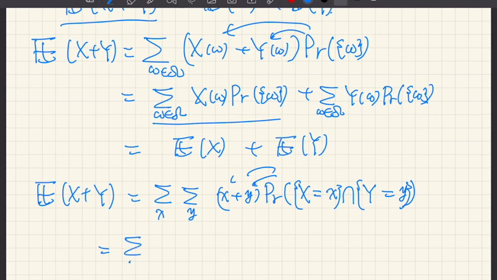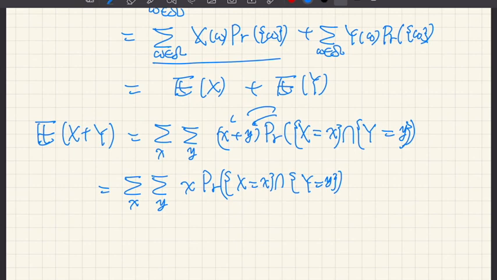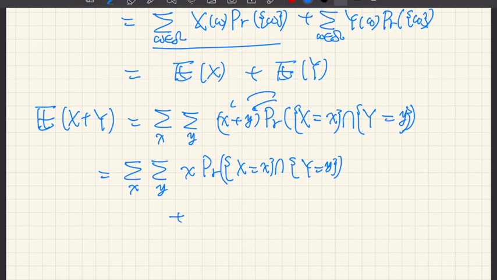We have x times the probability of x and y, and plus y times the same probability.